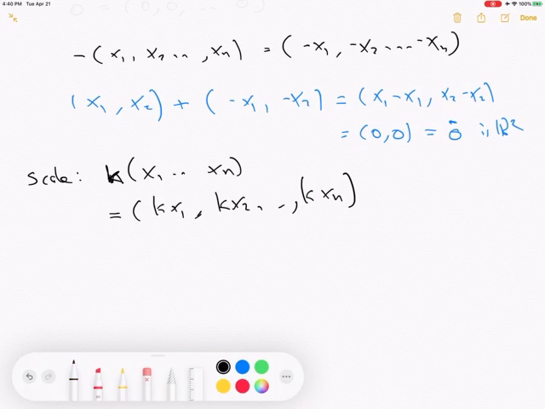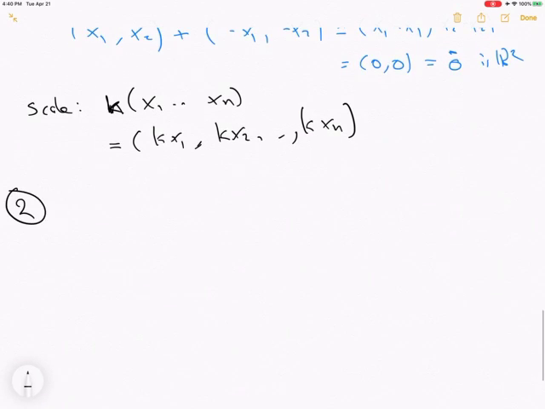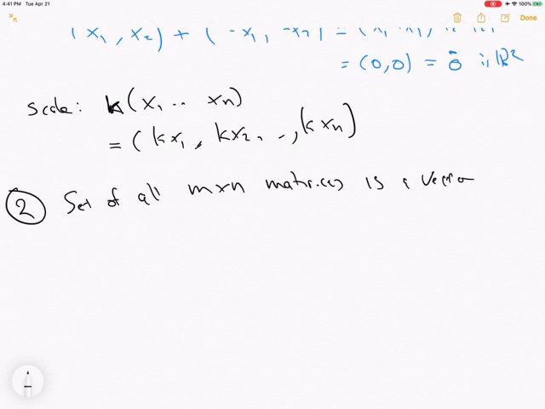Let's do another example. The set of all, say, m by n matrices is a vector space, using addition of matrices, which you all know, so you just add all the coordinates.